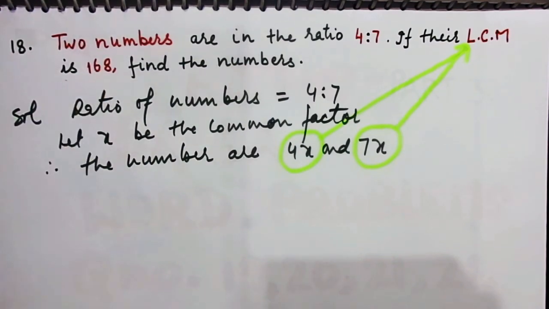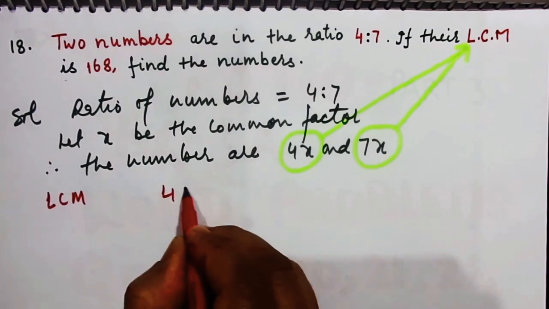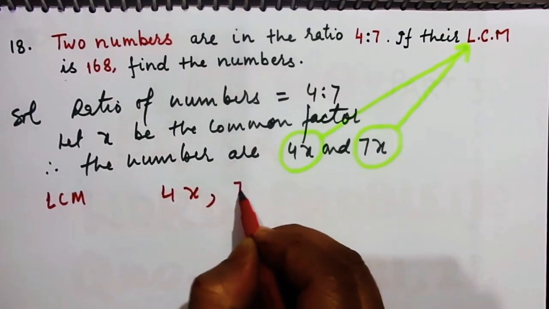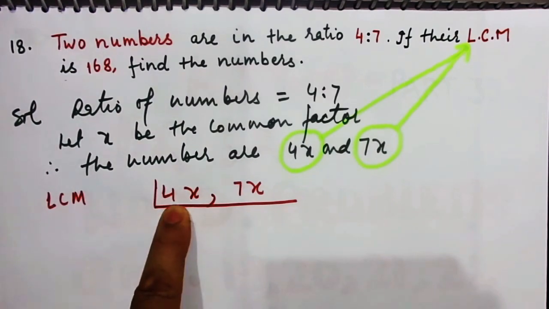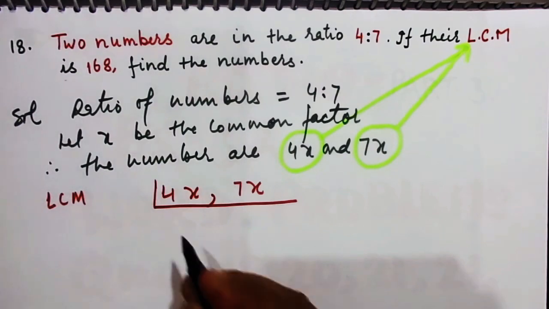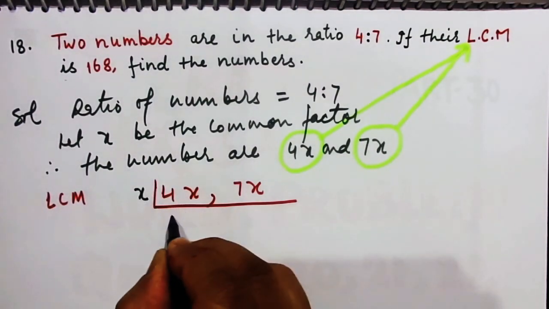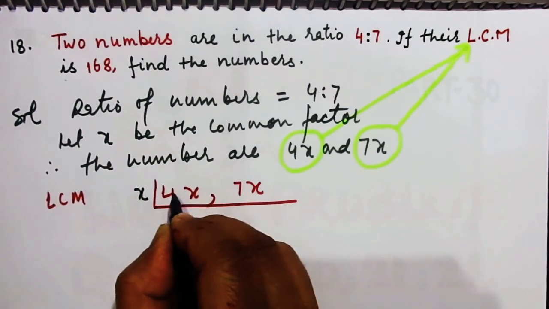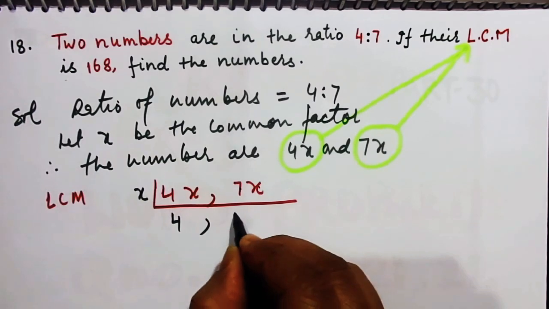So let me find out the LCM of 4x and 7x. You know, 4x means 4 into x and 7x means 7 into x. When I divide both of them by x, I get 4x divided by x equal to 4, and 7x divided by x is equal to 7.